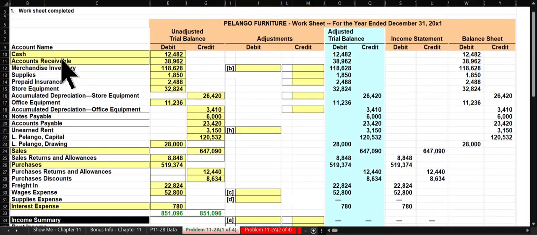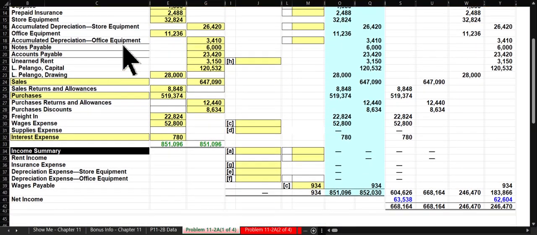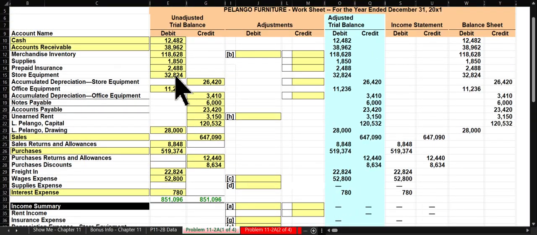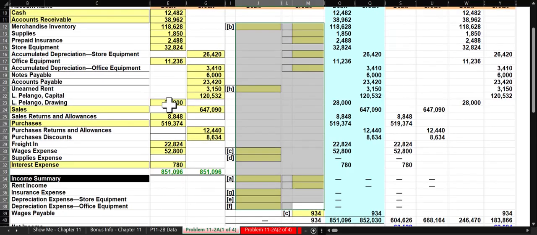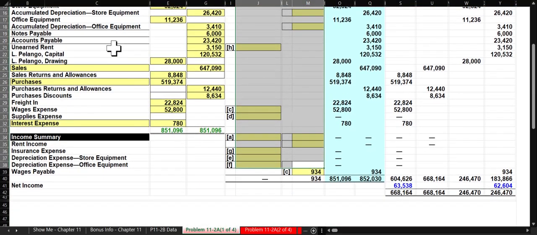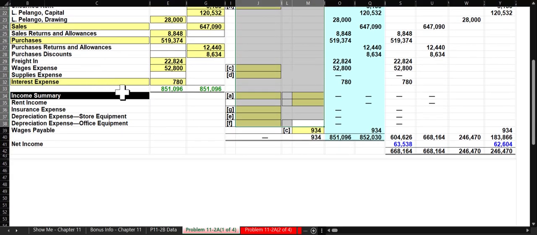So you can see all the assets were recorded, right? The debits, if they are normal assets, the contra assets show as credits, and we have our liability or equity, we have the revenue and the expense accounts.